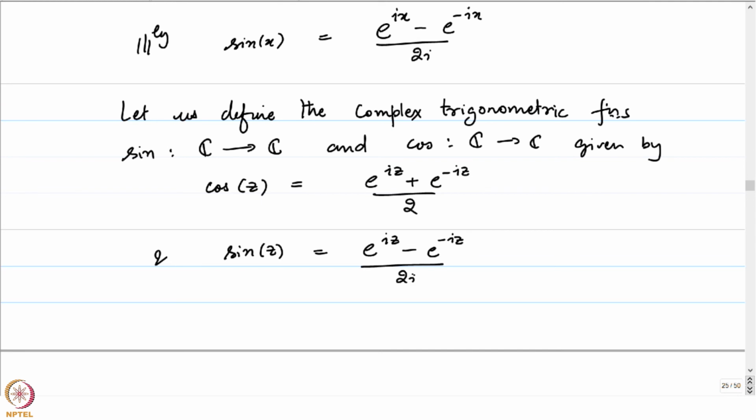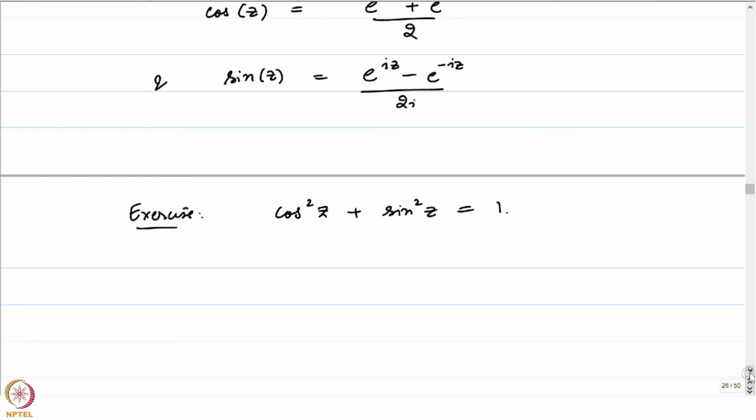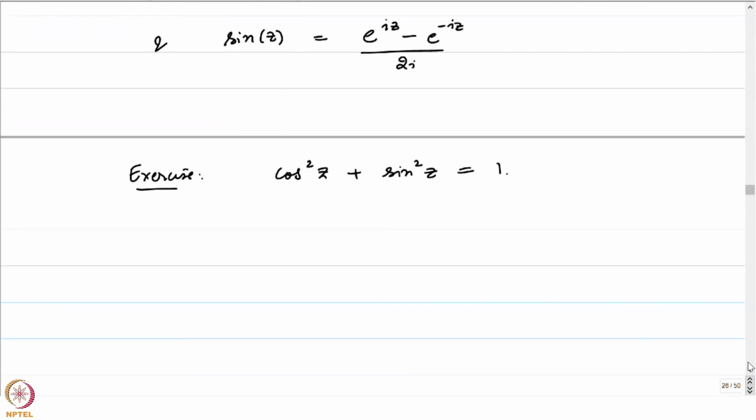This is basically the formula for the imaginary part. The complex trigonometric functions satisfy similar algebraic properties as the real trigonometric functions. So for example, it's a good exercise to check that cos square z plus sine square z is equal to 1. That's just straightforward. You just have to plug in the formula above and check that it does get satisfied.